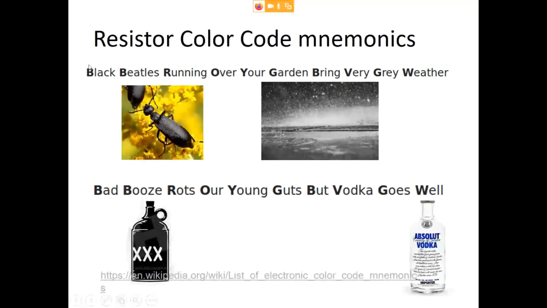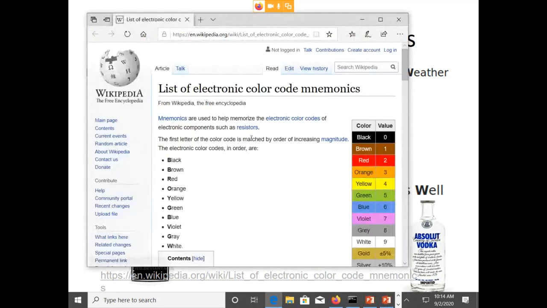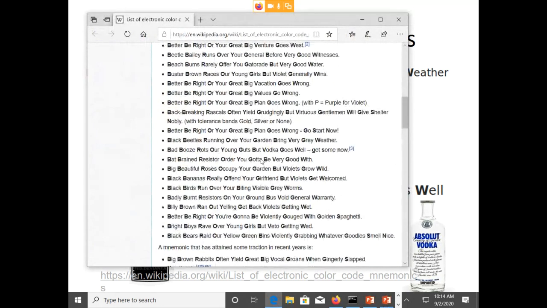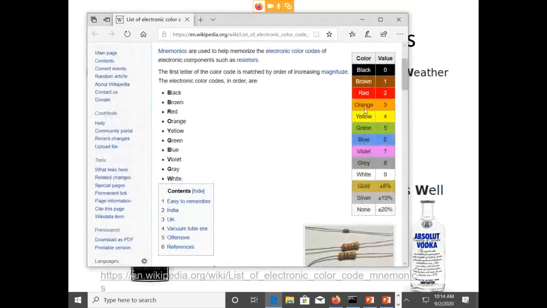Okay. So we have here, I just put a couple of them on here for you to try to remember. But if you don't like either of the 2 I have there, you can go to the wiki links and pick one of these other ones that help you remember those.